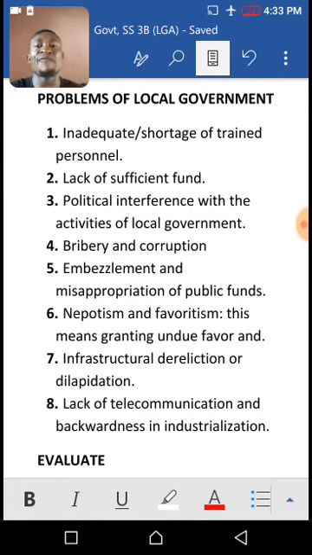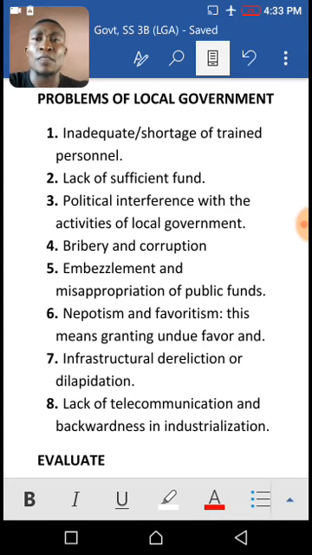Number seven, infrastructural dereliction and dilapidation. This is a situation whereby there are poor road networks. The local government administration lacks a platform or buildings, or institutions are not created.